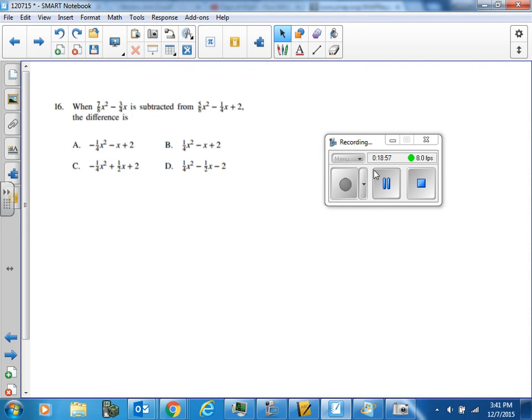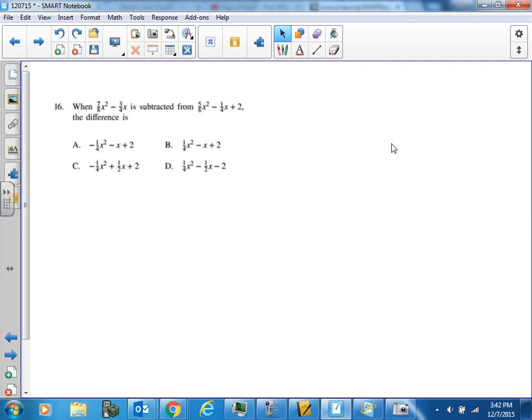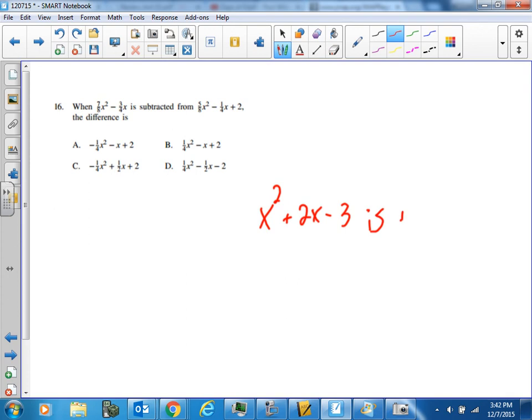Okay, the reason why I put number 16 on here is because this is a typical question that you will see on an Algebra 1 exam. Except on Algebra 1, they'll have these same things. If you remember the Algebra 1 exam, they'd say, you know, x squared plus 2x minus 3 is subtracted from 3x squared plus 2x plus 3, something like that.